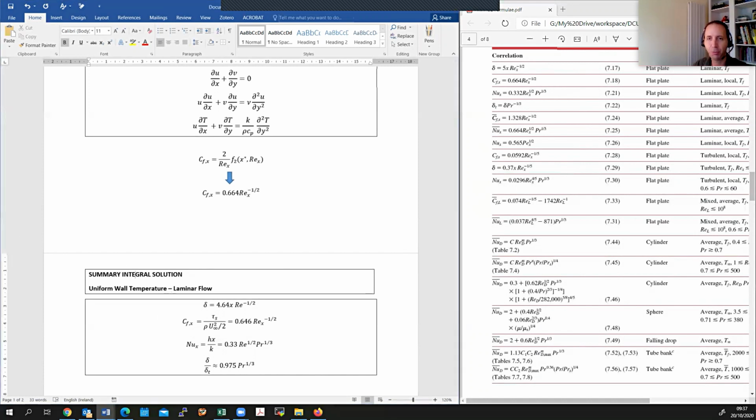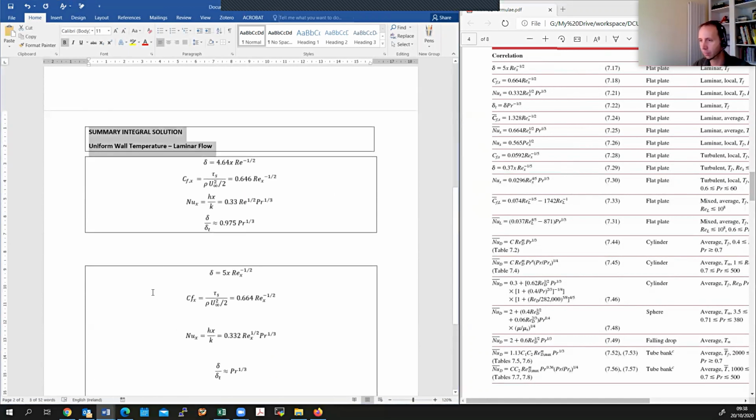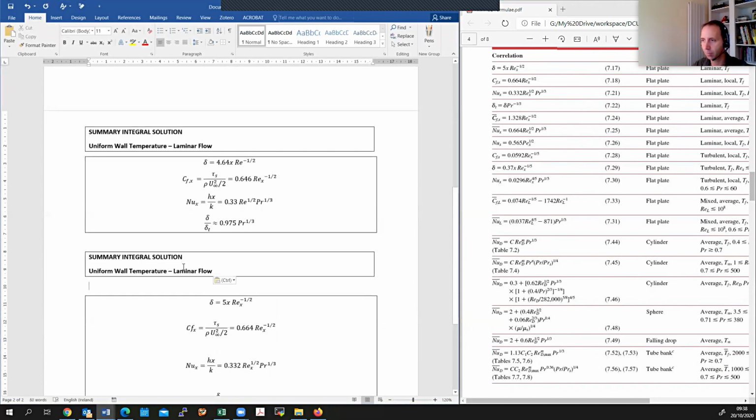Okay, so I'll move now to the following page, which shows the exact analytical solution.